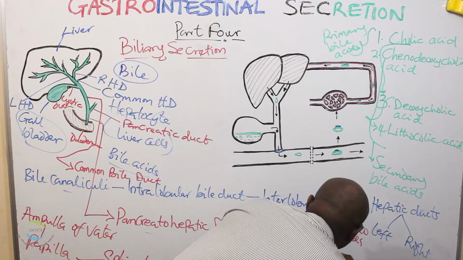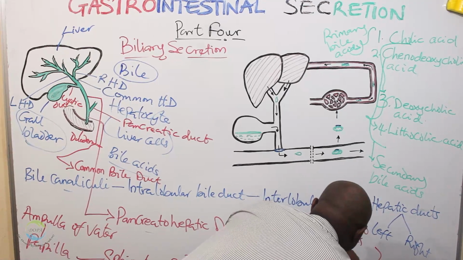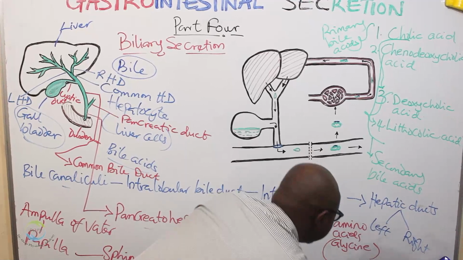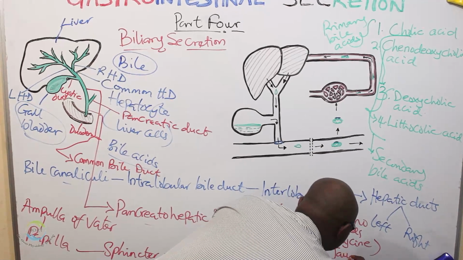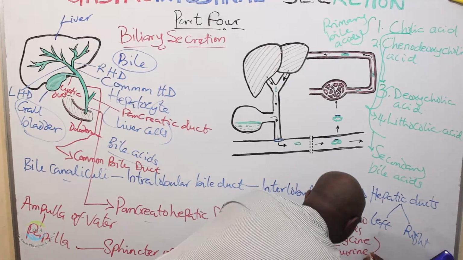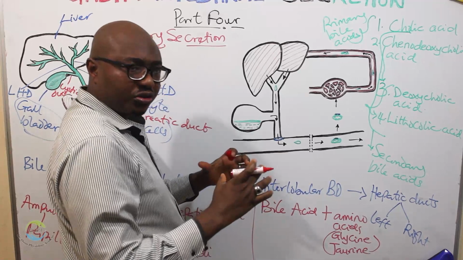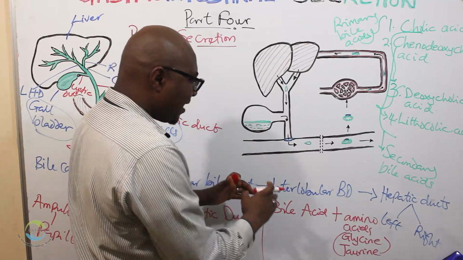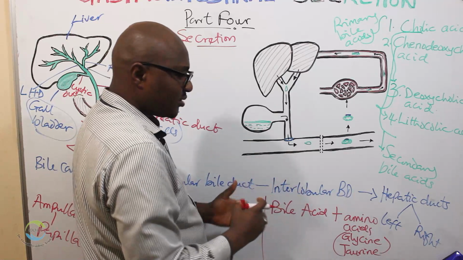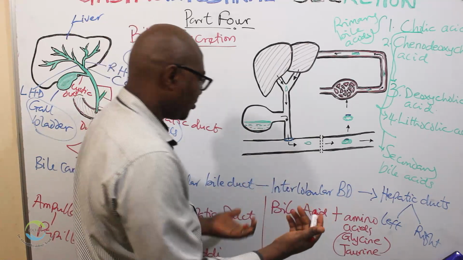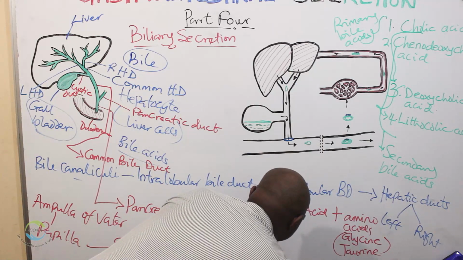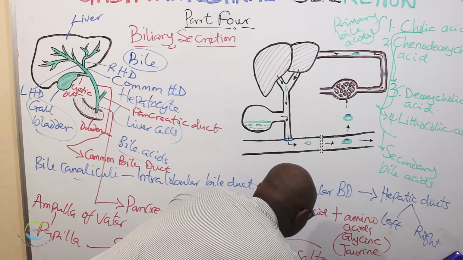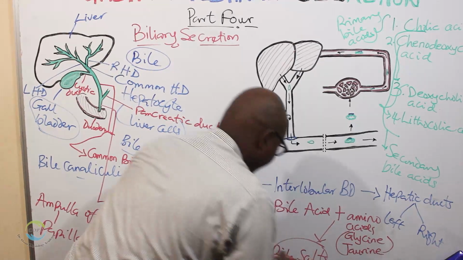Okay? Glycine is an amino acid, then taurine. So it's called conjugation. To conjugate, to combine. So the bile acid and this now form bile salt. Now call it bile salt.